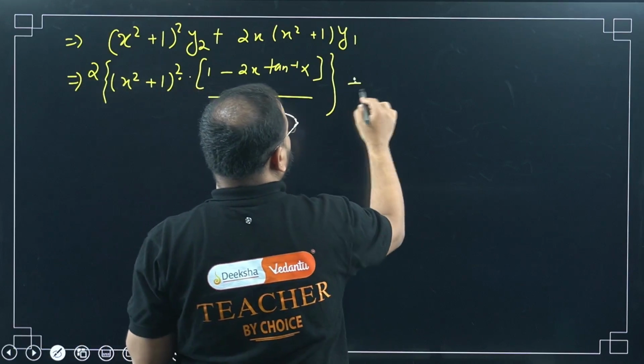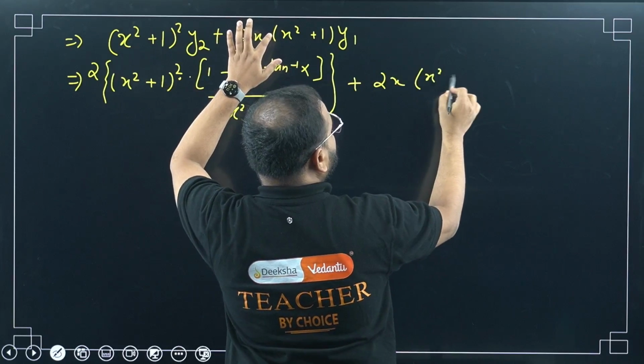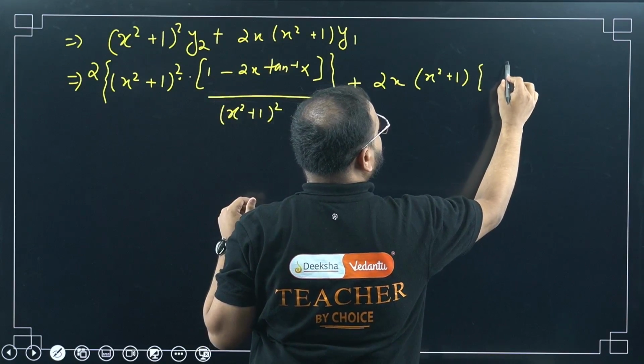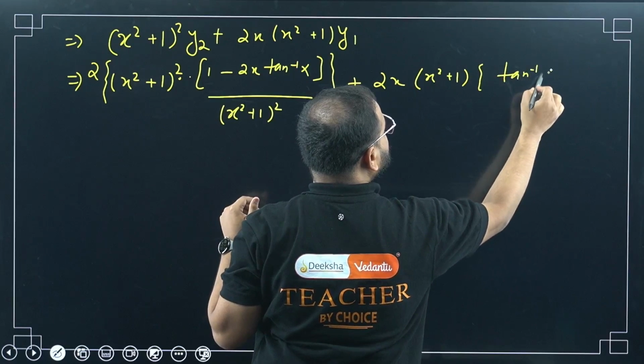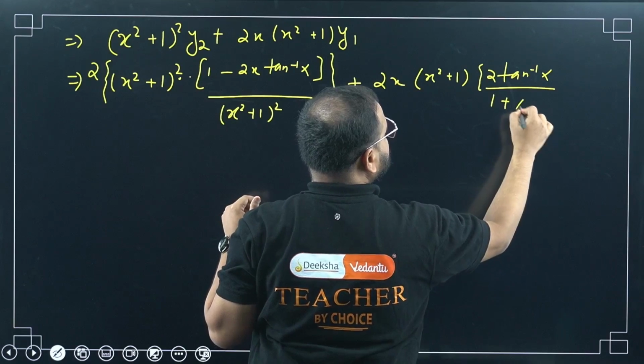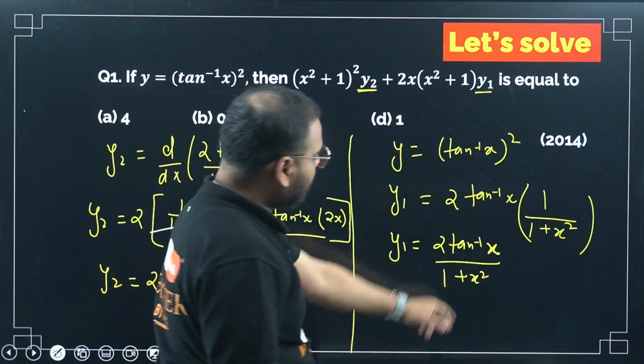Next what I will write? 2x as it is from here, and this will come as x square plus 1. What is my y1? Y1 was simply tan inverse of x with 2 upon 1 plus x square. Please check. 2 tan inverse upon 1 plus x square.